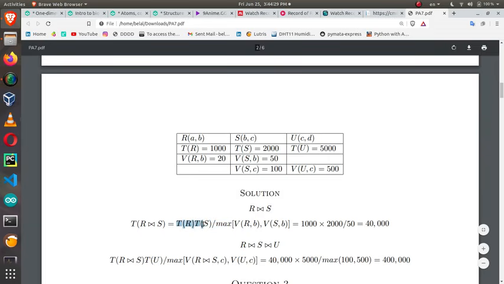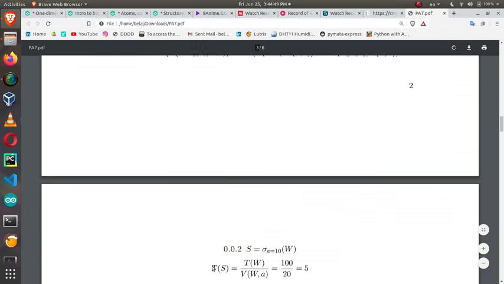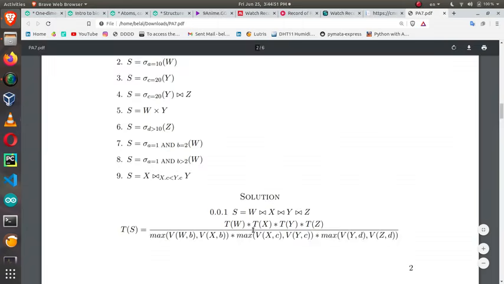So T of R times T of S times T of U over the maximum number of distinct values for joining both relations R and S, times the number of distinct values for joining these 2 relations with U, based on column C. So this is the answer of the first question.